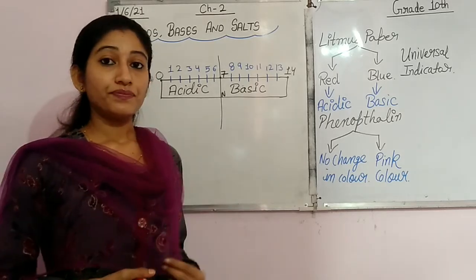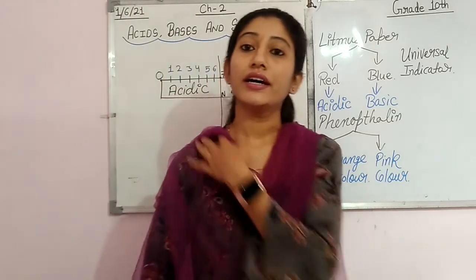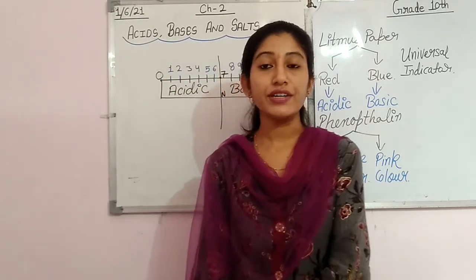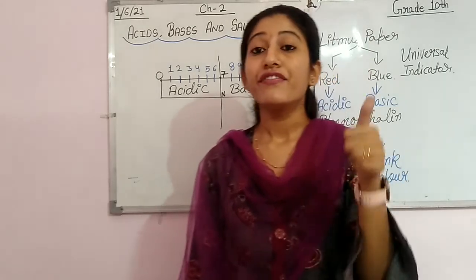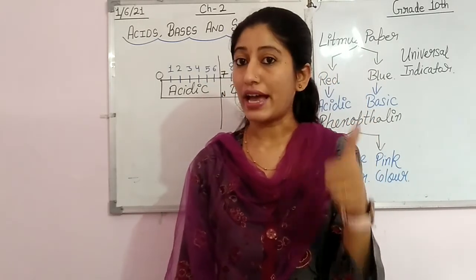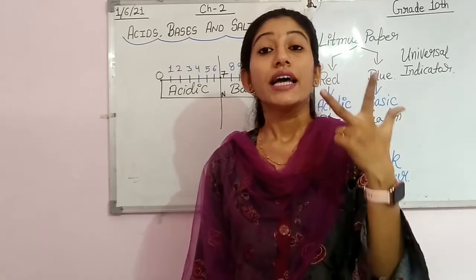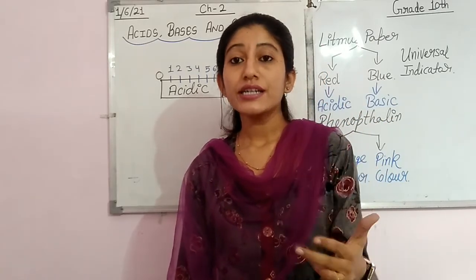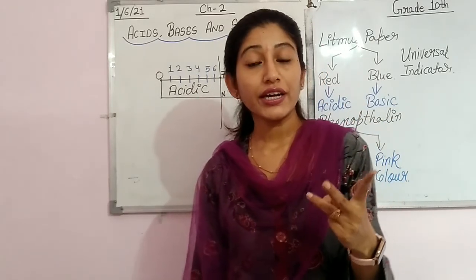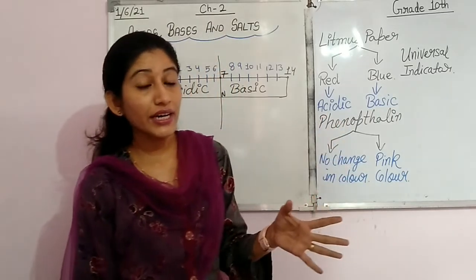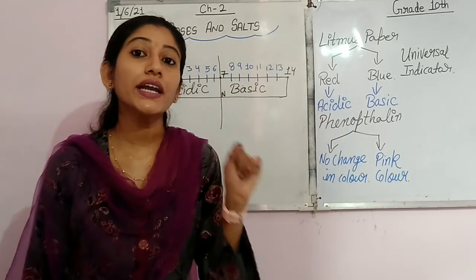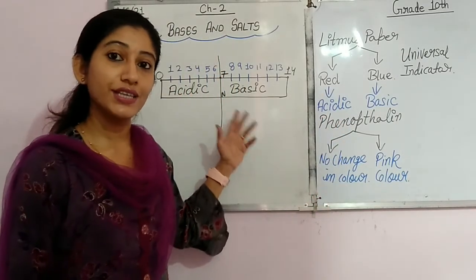So students, today in this class we have discussed the physical properties of acids, the physical properties of bases, indicators, olfactory indicators, the universal indicator, pH paper and the pH scale.